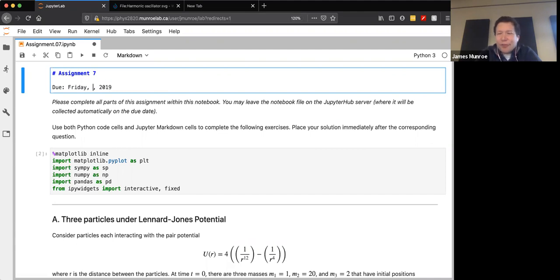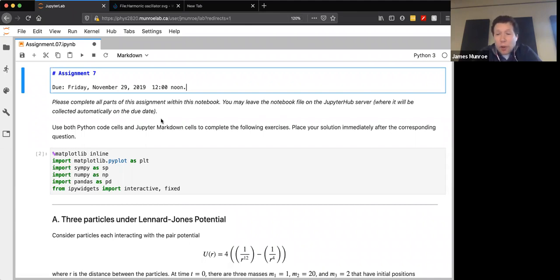What's the date of Friday? The 27th is tomorrow, 28th, 29th. Is that okay? Let's go with that as the final due date, and my Friday afternoon will be spent marking these and posting them back.